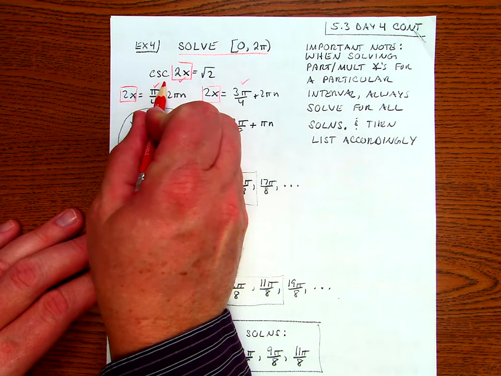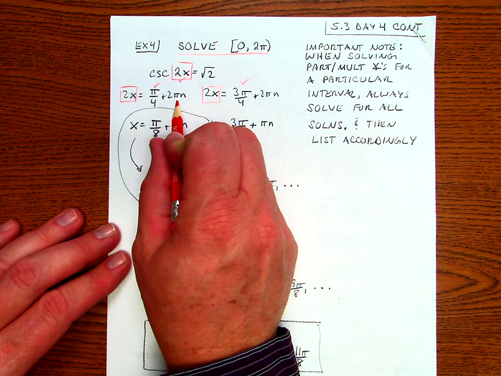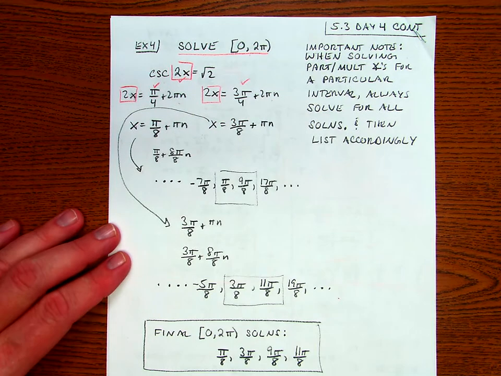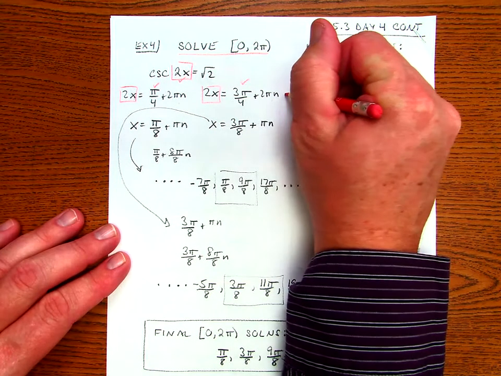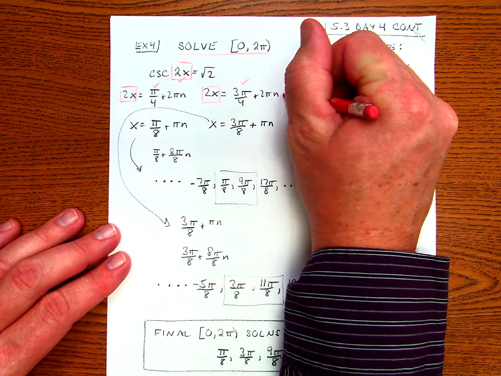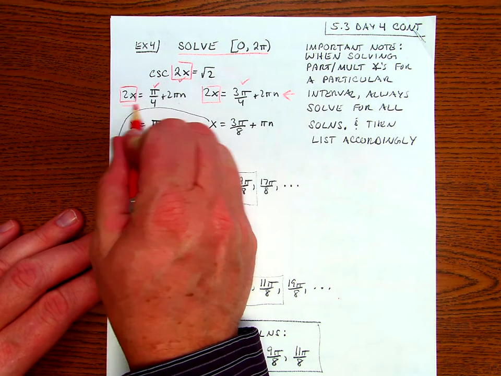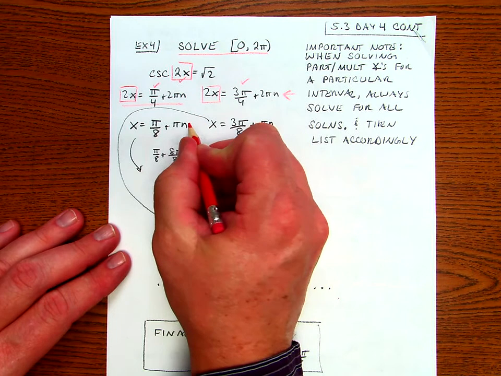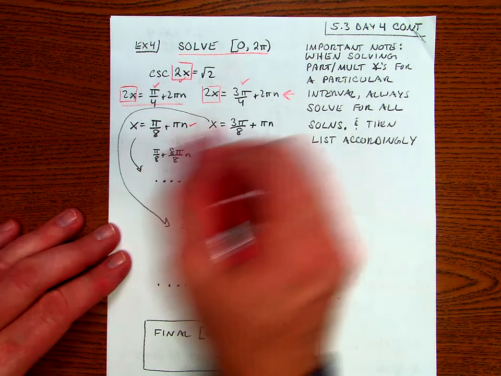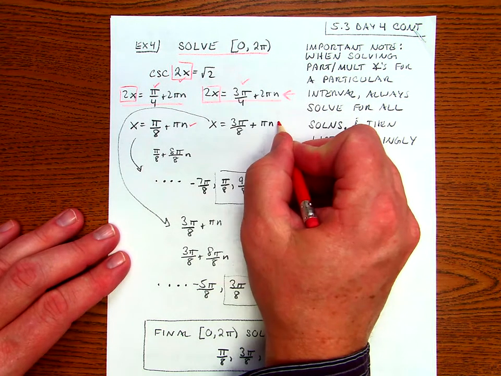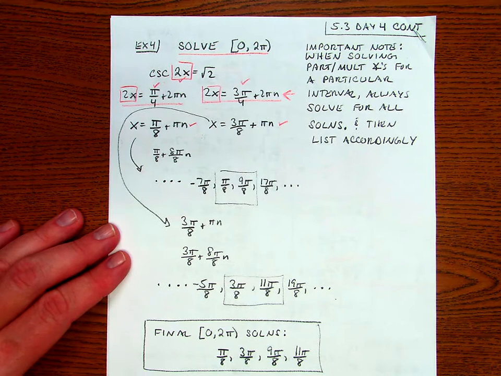Cosecant has a base period of 2 pi, so we're putting a plus 2 pi n afterwards. This line right here successfully solves for all solutions for 2x. Now we need to get from all solutions for 2x to all solutions for x. So that entire solution gets divided through by 2, which gets you to here.